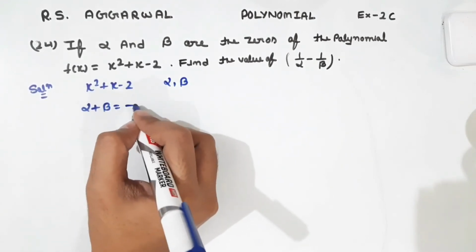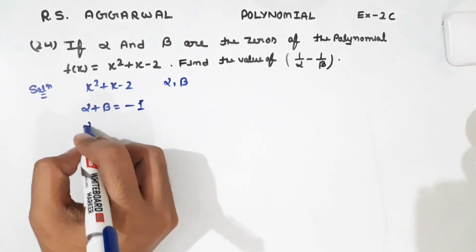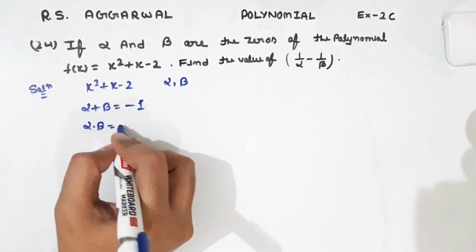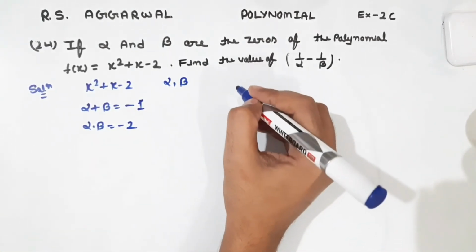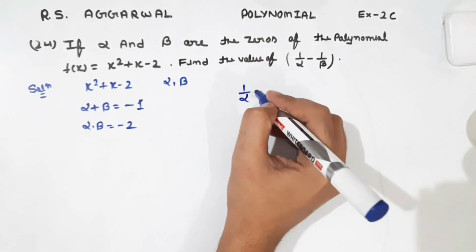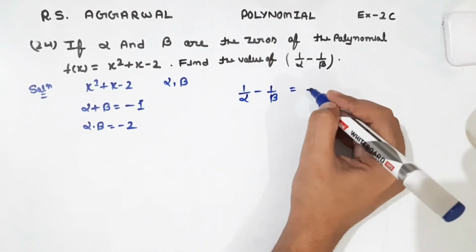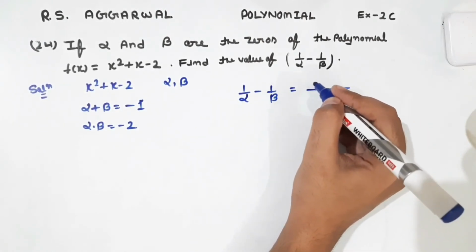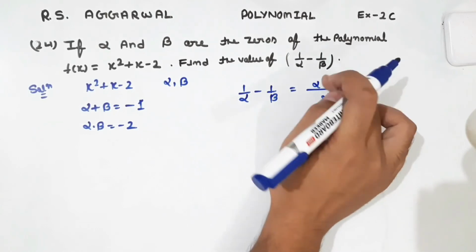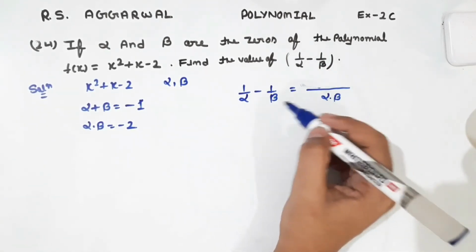So minus 1, and the product of zeros will be equal to minus 2. So we have to find the value of 1 upon alpha minus 1 upon beta. So this will be equal to alpha beta, and alpha beta is the LCM.